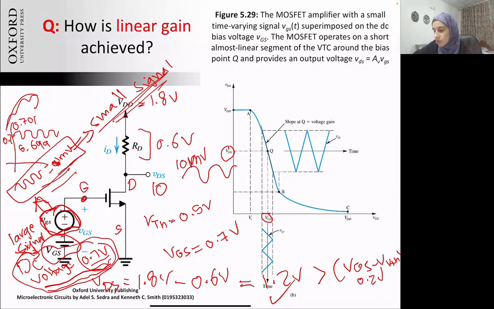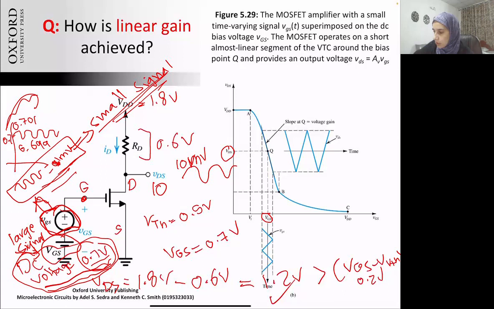For example, if it is reduced by 0.2 volt, the amplifier is not going to be in the saturation region. So I hope this is clear. We can stop here for a while to have questions if you have.